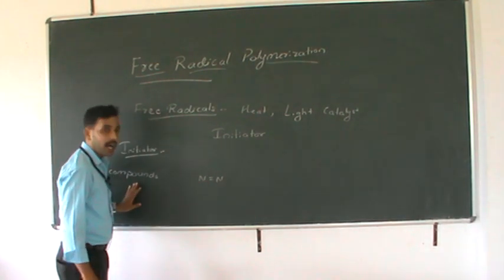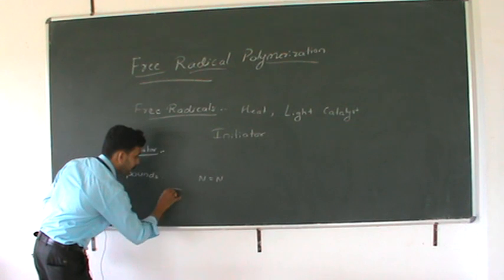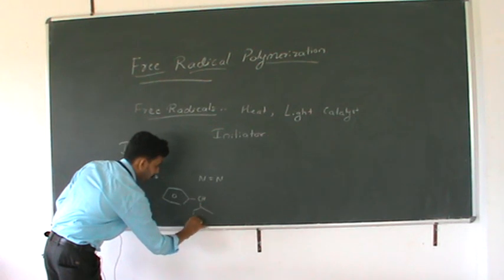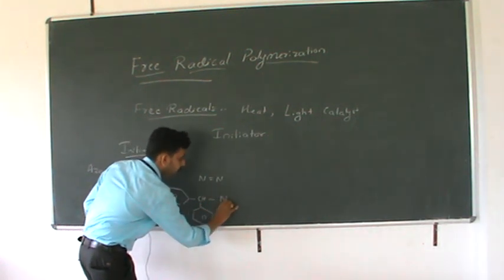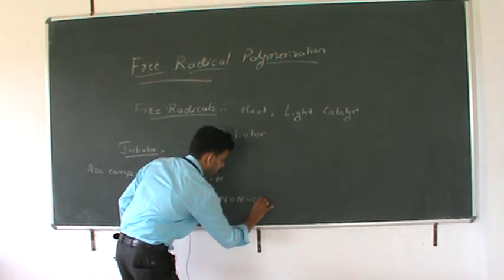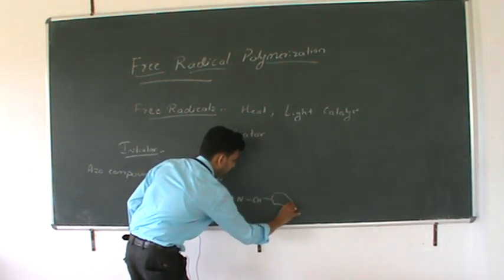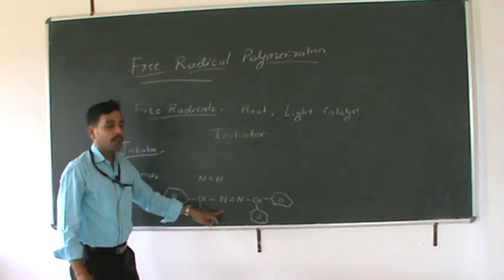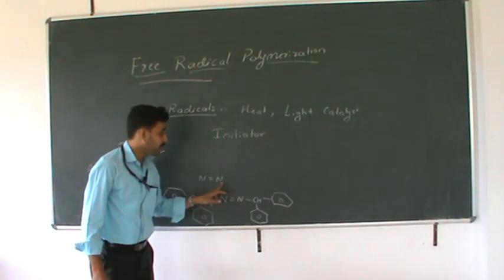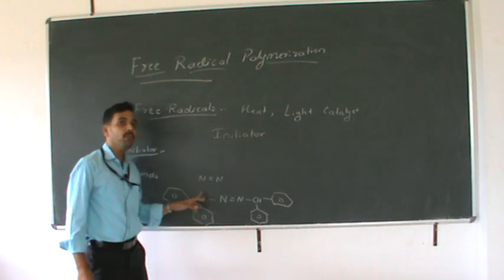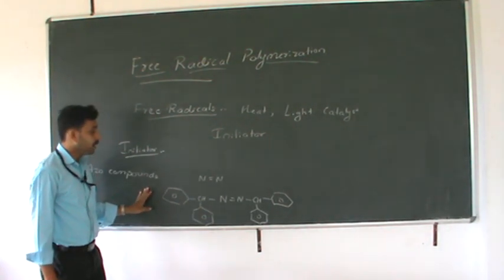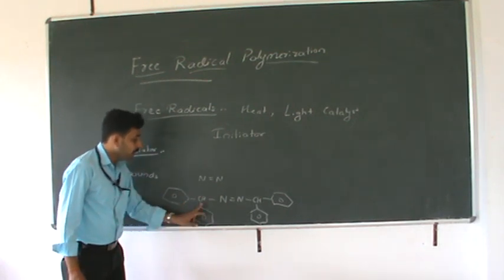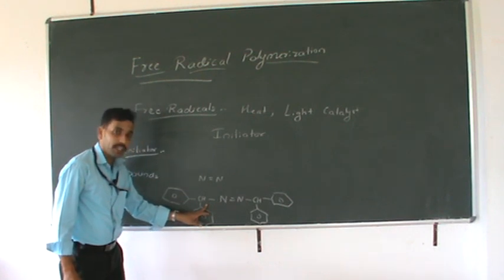The compounds containing N double bond N are called azo compounds. It is one example of initiators. Here the example is bis azo diphenyl methane, which is the name of this initiator.